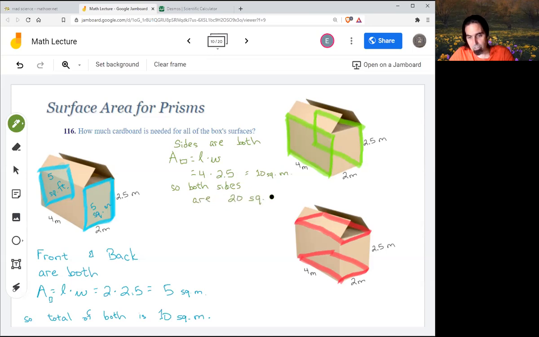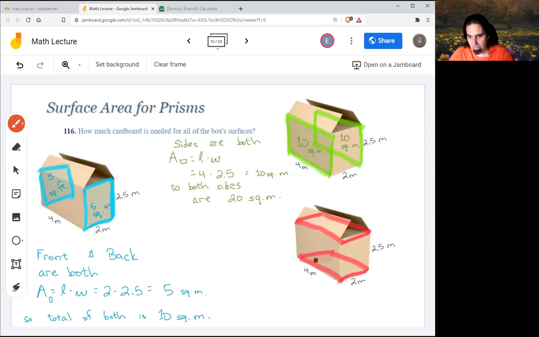So both sides would be twice that 10, so that's 20. We have a 10 here. We have a 10 here. So good so far. So far so good? I'm saying things backwards.